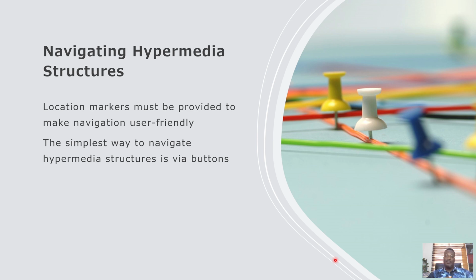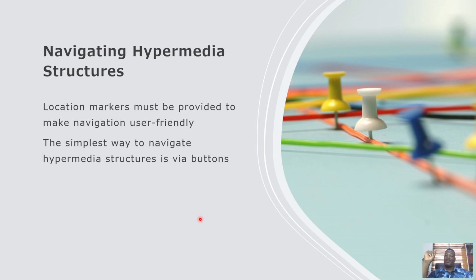And the simplest way to do this in the area of navigating hypermedia, like pictures and all these structures, is the use of buttons. So, for instance, you go to a website, there is content in there. You can have a picture with content, maybe a news article, a picture and a little introduction. Then you have maybe a button that says read more.